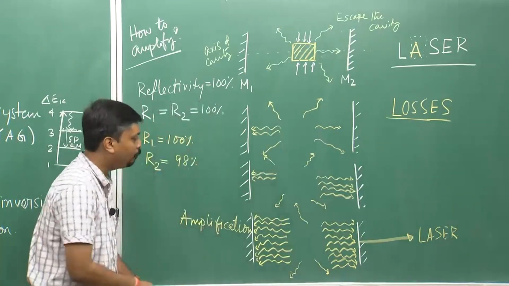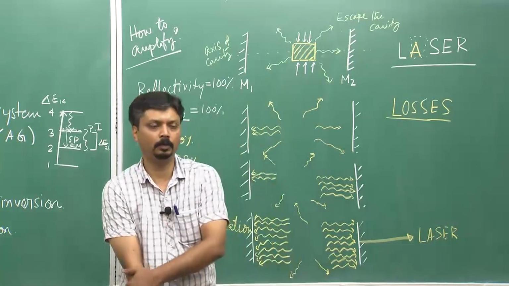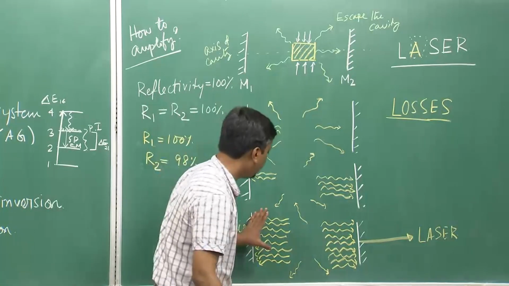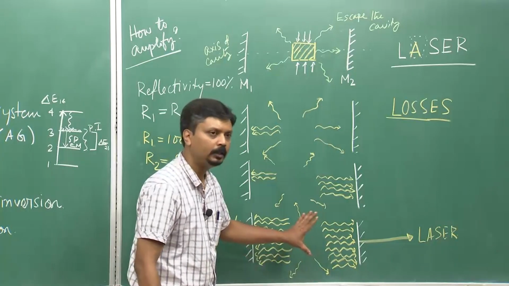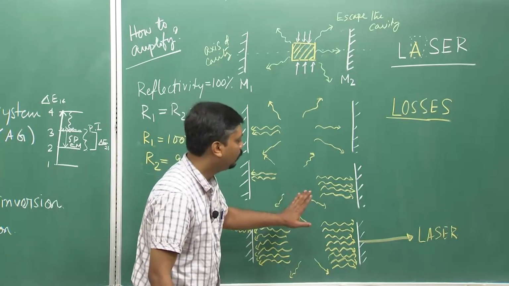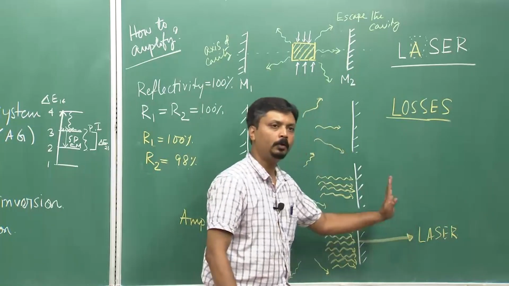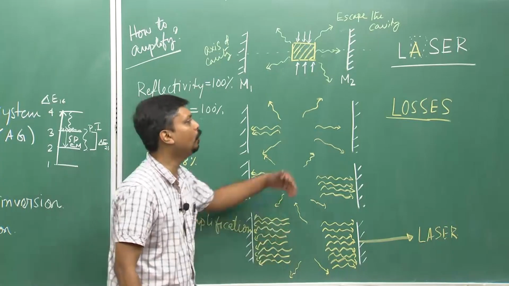Now, if we have to really get laser output, which is a really amplified signal, one has to amplify it so much that it is capable of overcoming the losses and we get a net output. So, what we have to have? We have to create a gain over the losses.